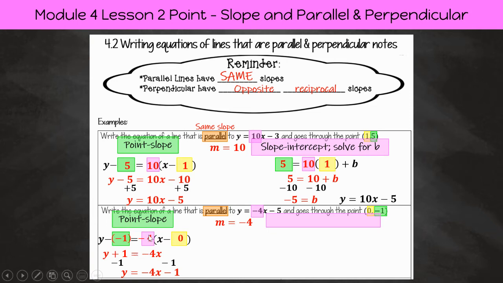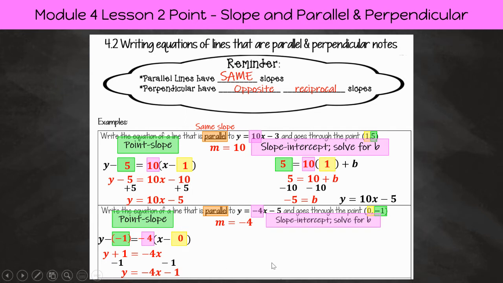That's equal to negative 4 times x, so negative 4x. Then I have to subtract 1 from both sides because I need to get the y by itself, and I get y is equal to negative 4x minus 1.